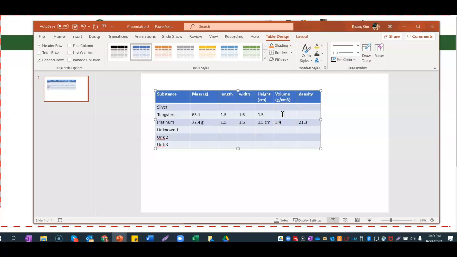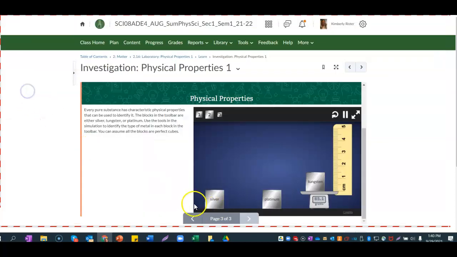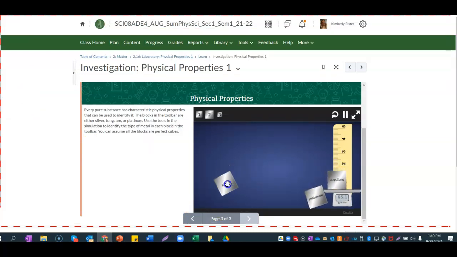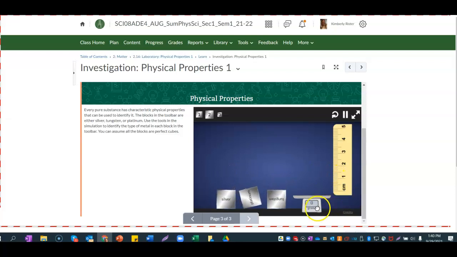They're going to be 3.4. Okay, and then if we do that division, we have the mass 65.1 divided by 3.4. It's 19.14, so we could put that in 19.1, however you want to round it. And then we're ready to go on to silver. So we'll move this. Oh, we moved everything, my goodness.